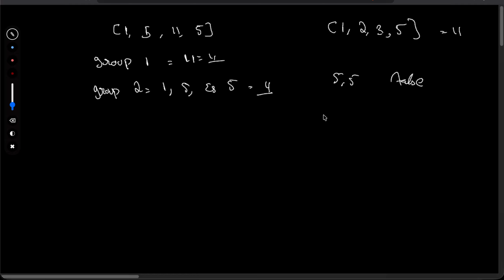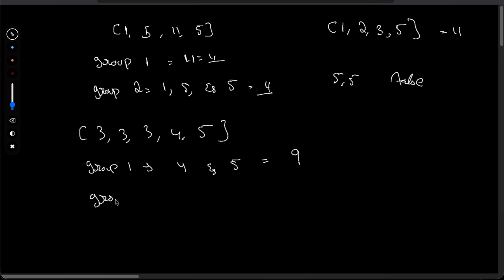Let's consider we have numbers like this: 3, 3, 3, 4, 5. We can split like this. Group 1 will be 4 and 5, whose total is 9.